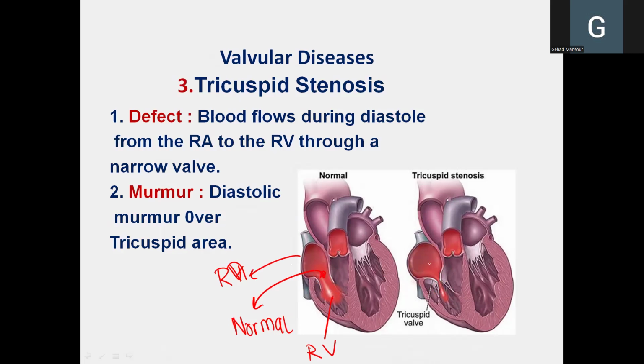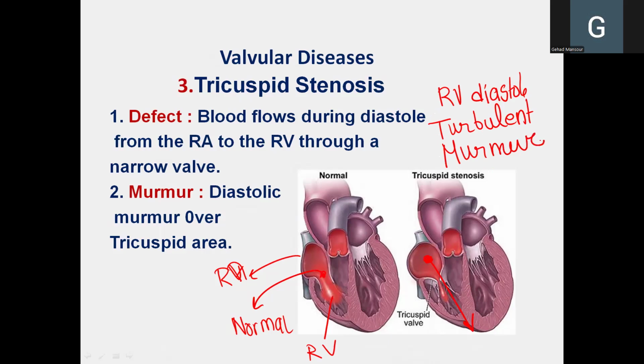So similarly, blood will pass with difficulty from the right atrium to the right ventricle during what? During right ventricular relaxation, during right ventricular diastole. Because blood passes through a narrow valve, we will have turbulent non-laminar flow, and because of this we will have a murmur.